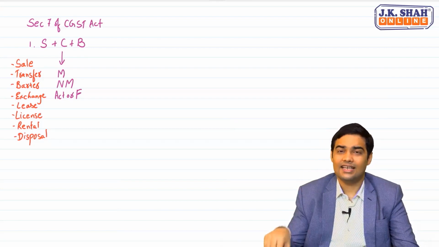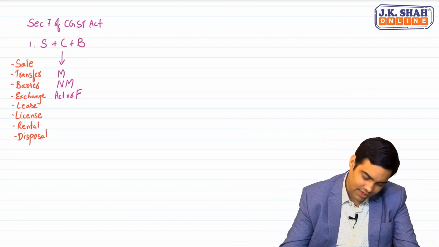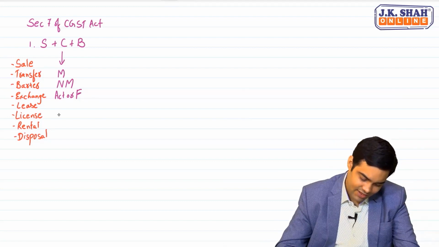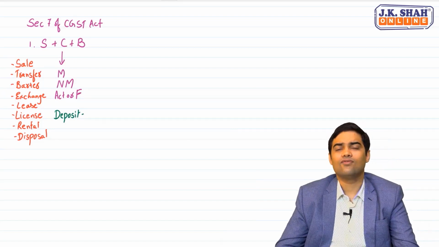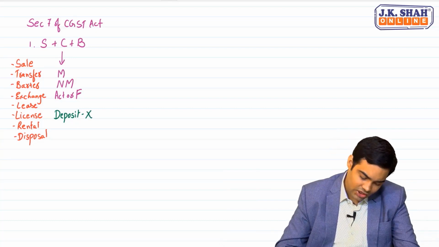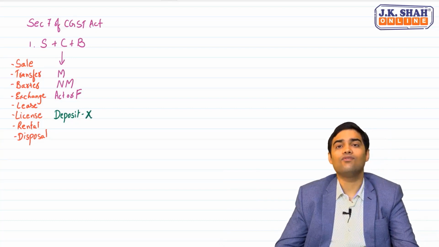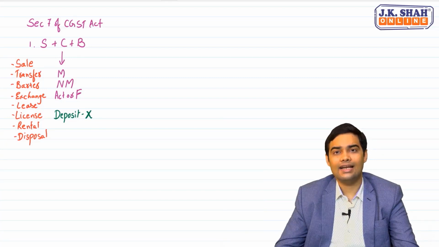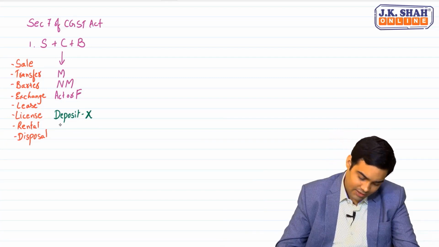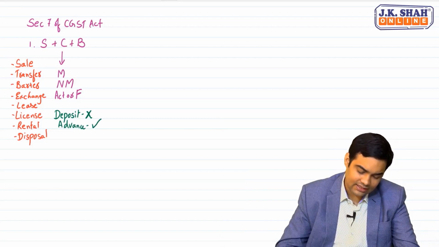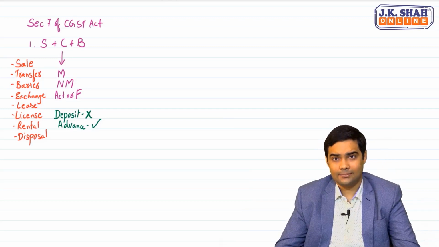If there is a deposit which is given, that is not for a supply, it's a security for taking that supply. Deposit is not considered as part of consideration unless it is adjusted by the supplier. But an advance payment is a consideration for the supply.